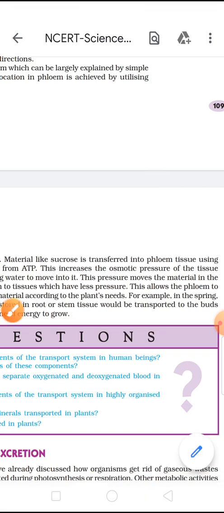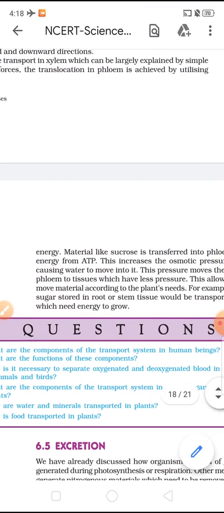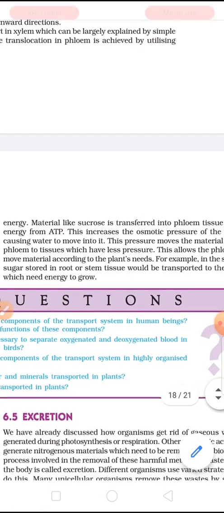So when sucrose is transferred to phloem tissue and ATP is utilized, there is an increase in osmotic pressure of the tissue, causing water to move into it.